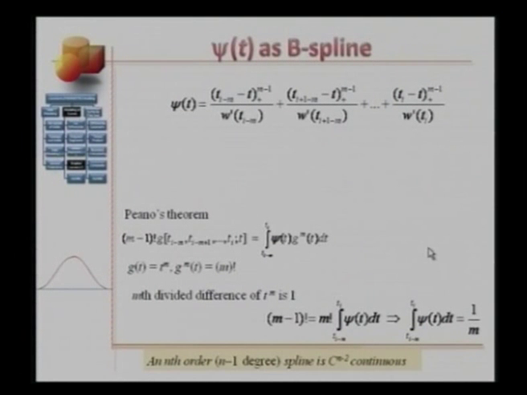over m. To summarize, we have seen that psi of t is 0 for t greater than tj, psi of t is 0 for t smaller than tj minus m, in case tj happens to be the last knot, and the area under psi of t between the limits tj minus m to tj is equal to 1 over m.